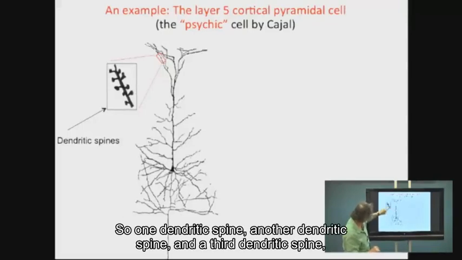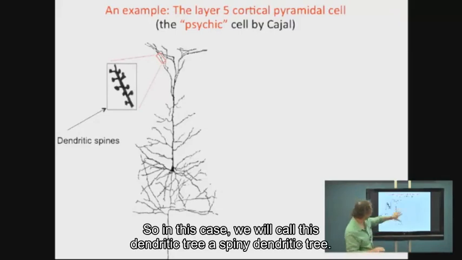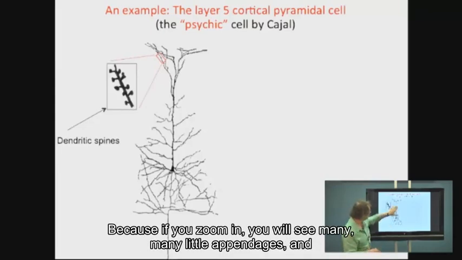So one dendritic spine, another dendritic spine, and a third dendritic spine. So many little dendritic spines emerging out from the dendrite. So in this case, we will call this dendritic tree a spiny dendritic tree, because if you zoom in, you will see many, many little appendages.